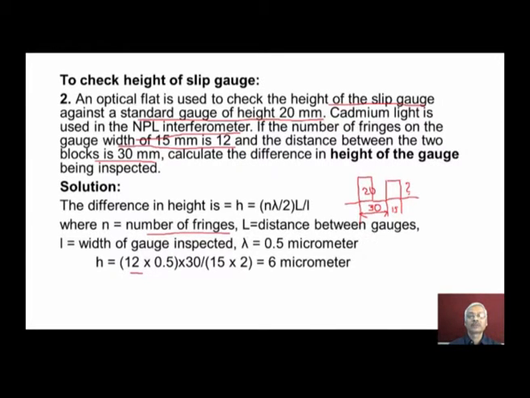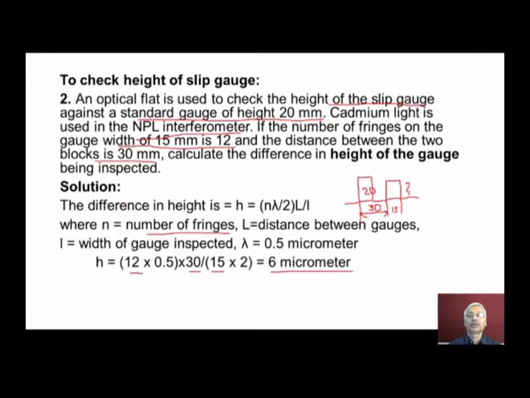Distance between gauges, that is capital L, is 30 millimeter, and small l is the width of the gauge inspected, 15 millimeter. So n lambda by 2 times L upon l: n is 12, lambda is 0.5, capital L is 30, small l is 15, divided by 2. So this gives 6 micrometer.